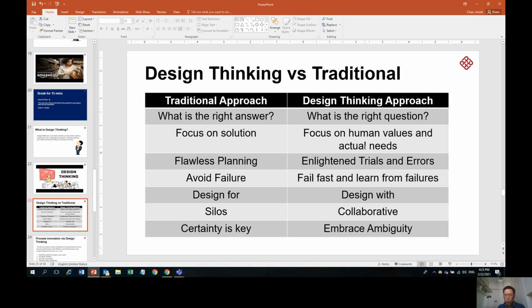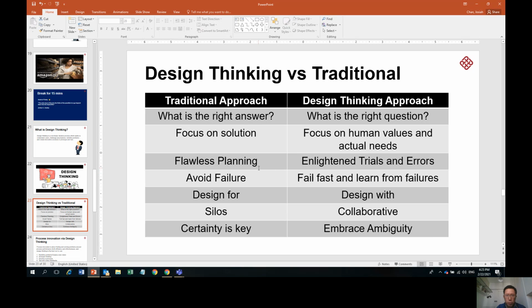So your solution should consider the human aspects. The solution is about how to help them achieve those human values, in this case being able to connect with other people at the same time.